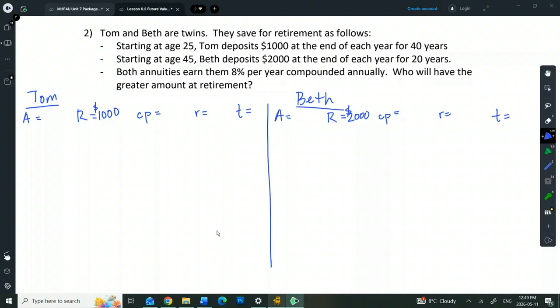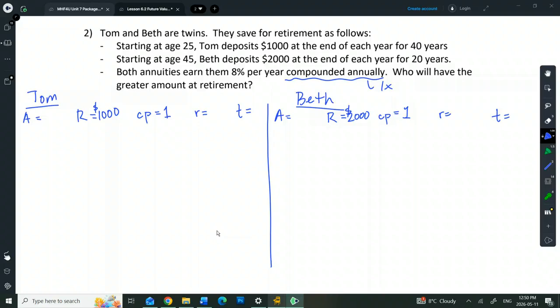Okay, what are the compounds per year? Yep, it's compounded annually. That means one time a year. So compounds are 1 for each of them.